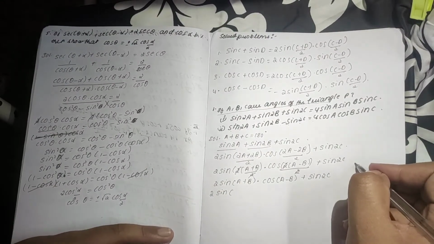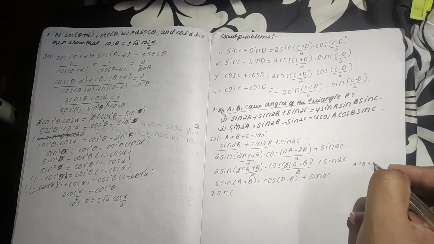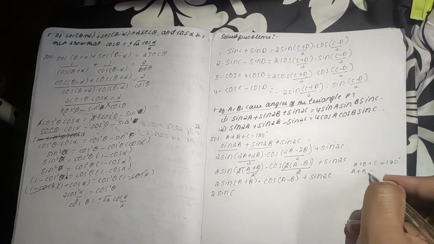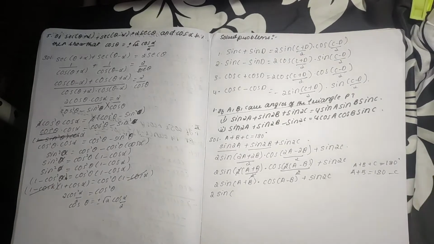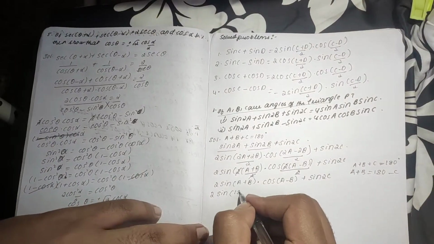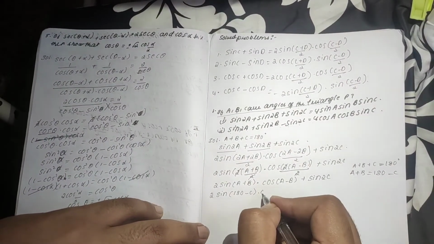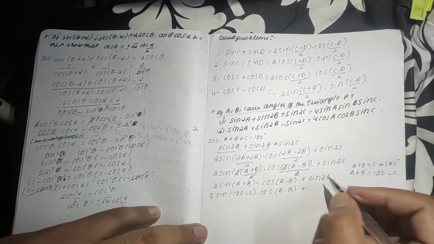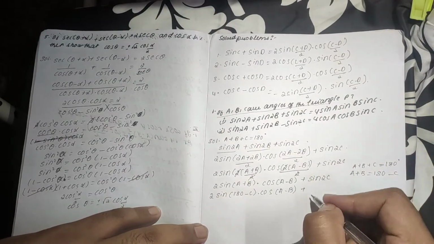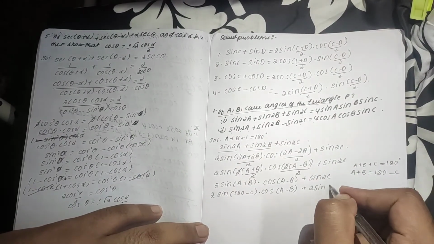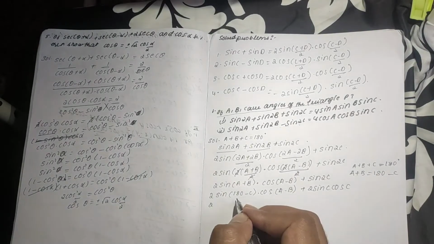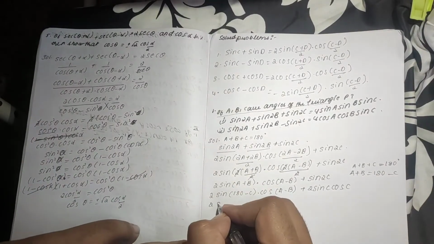So if A plus B plus C is equal to 180 degrees, A plus B is 180 degrees minus C. Substitute this 180 degrees minus C into sin (A plus B) into cos (A minus B), plus the value of sin 2C, which is 2 sin C cos C. Sin of 180 minus theta is sin theta.